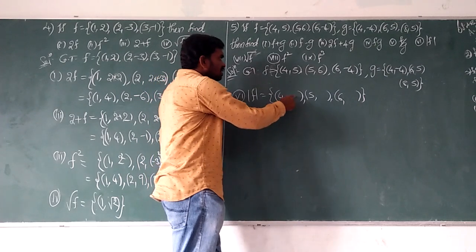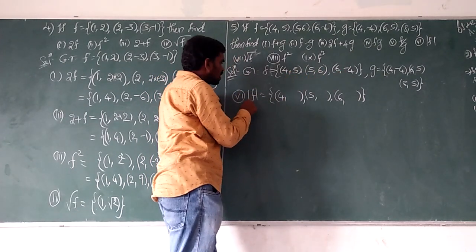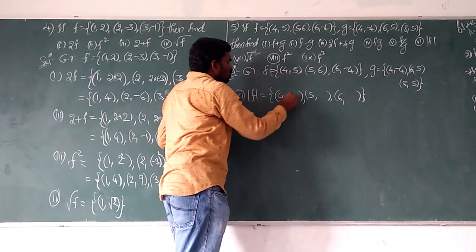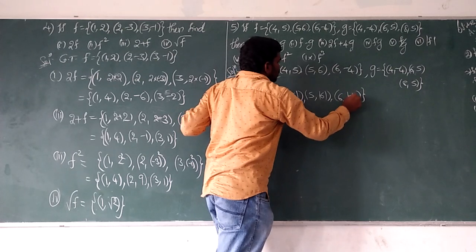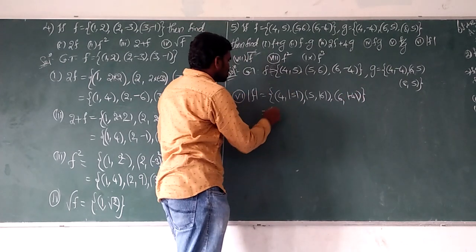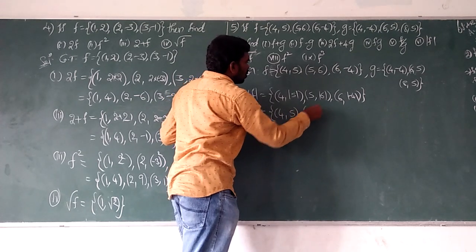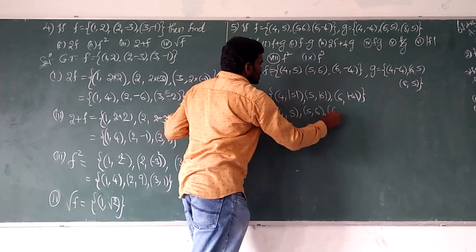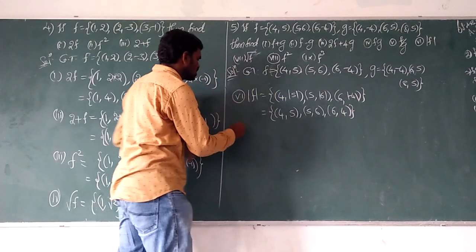For the second element, for images, we apply what is asked. Here modulus is asked, so apply modulus 5, modulus 6, modulus minus 4. What is the modulus value? Always positive. So 5 comma modulus 6 means 6, 6 comma modulus minus 4 means only 4. So that's it, modulus f.